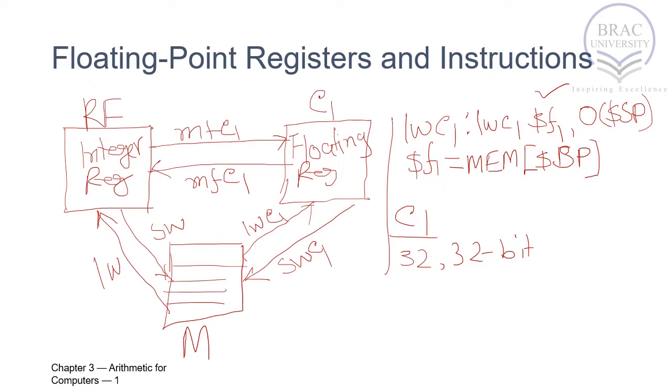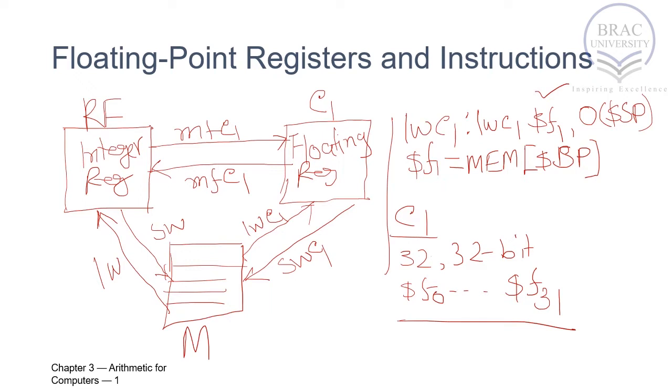Also, in the register file we have different names for registers, for example T, S, V, A. But inside C1 the register names start from register F0 and continue till register F31. These are the 32 registers that we have inside the register file, and these are inside the C1 register file.